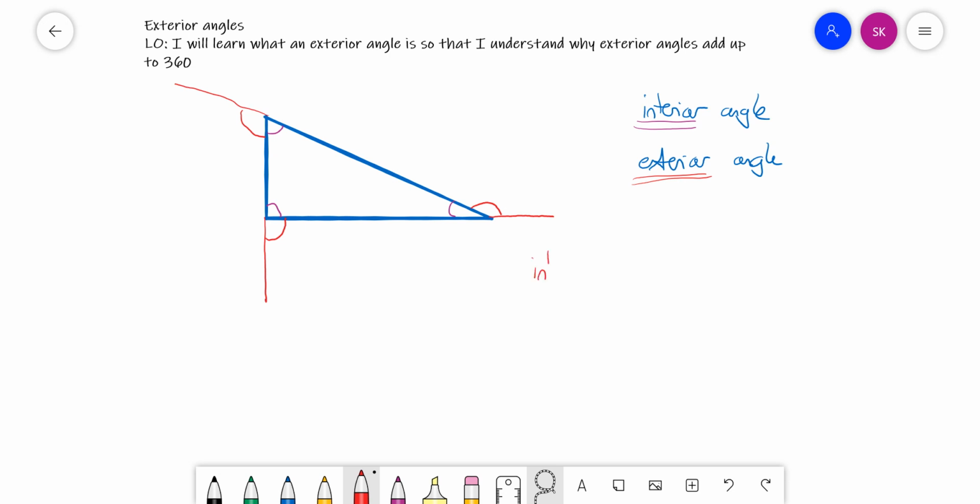So interior plus exterior add up to 180. And if you want to write down a definition of what an exterior angle is, it is whatever you add to an interior angle to make it equal to 180. So pause the video and make sure you've written down precisely what an exterior angle is, and that you've written down that interior plus exterior equals 180.